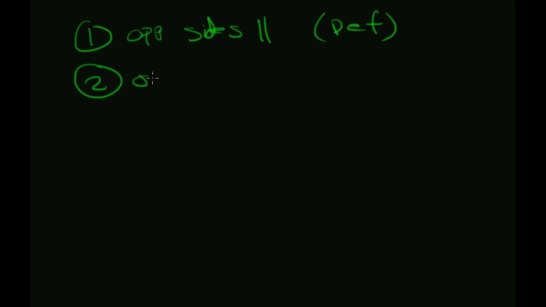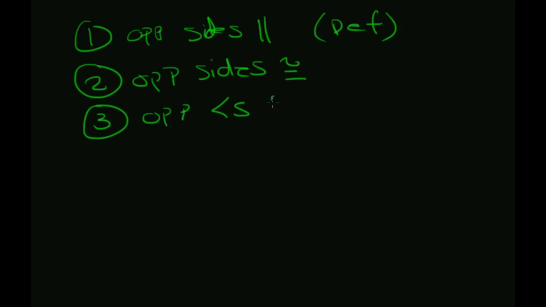1, opposite sides are parallel. That's the definition. Would get me a parallelogram. Opposite sides congruent gets me a parallelogram.